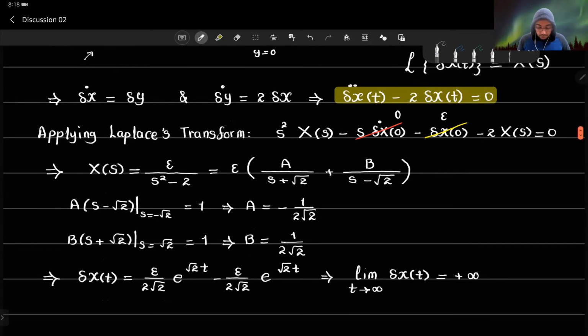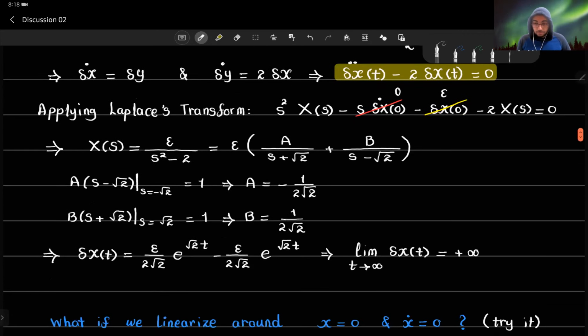So if we move things aside and solve for x of s, we will get that x of s is equal to epsilon divided by s squared minus 2. So this is a second order factor. We want to factorize it into two first order factors. So if we just take epsilon as a common factor and do a partial fraction expansion, we get two terms, s plus square root 2 and s minus square root 2, each with the two coefficients a and b.